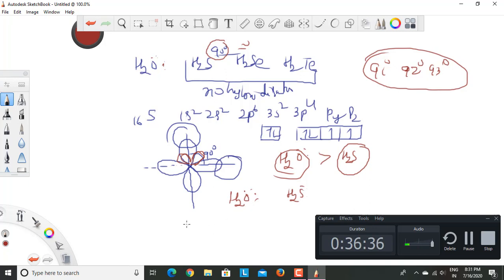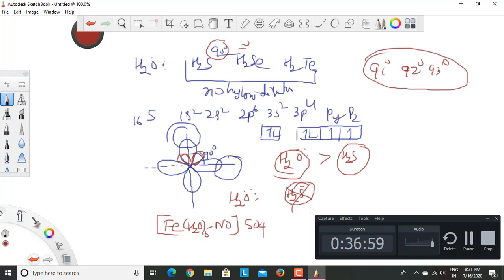So water can form coordinate complexes and many coordinate complexes are there, say Al(H2O)5NO, SO4. So H2O can form coordinate complexes like this, but H2S rarely forms coordinate complexes.